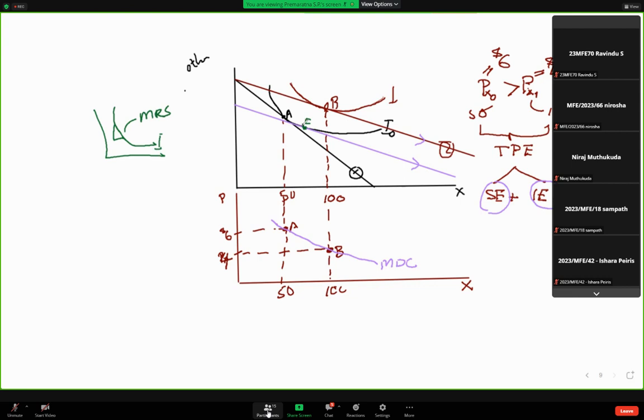Now this captures A to C, let's say here 70. This consumer increased demand for X by an additional 20 due to the substitution effect. Now we only capture the substitution effect when the price reduces to 4.